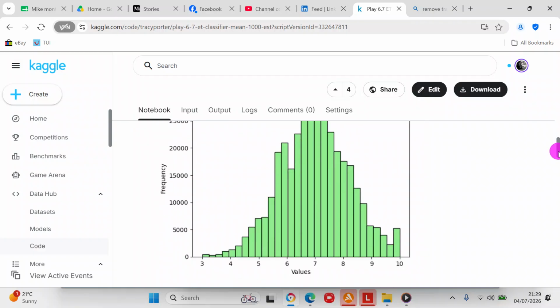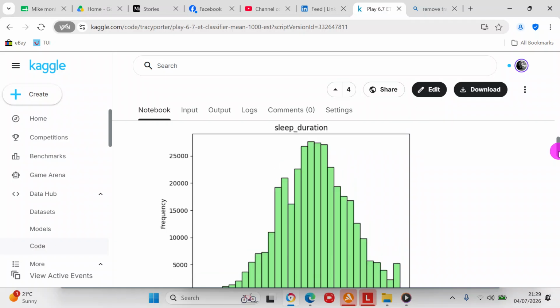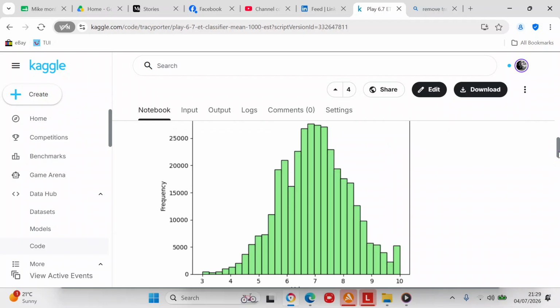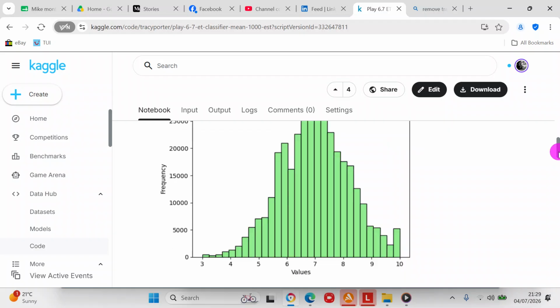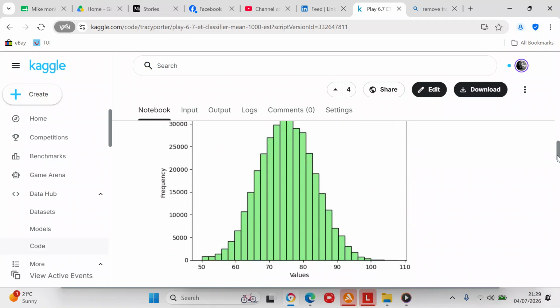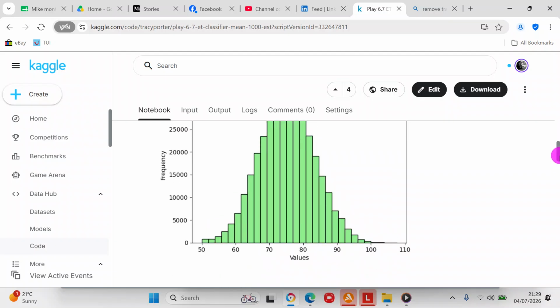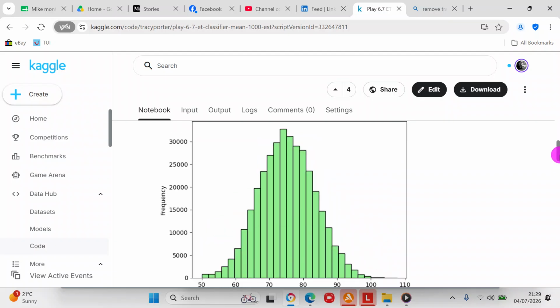So you can see that the sleep duration is almost a normal bell-shaped curve, but it is skewed somewhat to the left. That's interesting to note. Most people sleep about 7 hours a night. The heart rate, again, looks to me like a normal distribution, and the mean heart rate is maybe around 75.